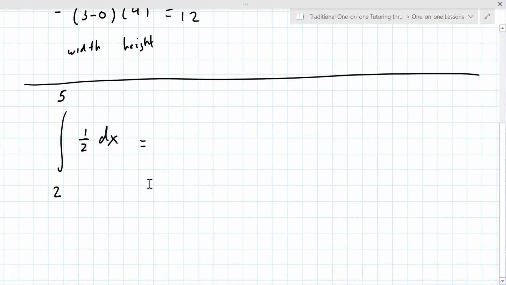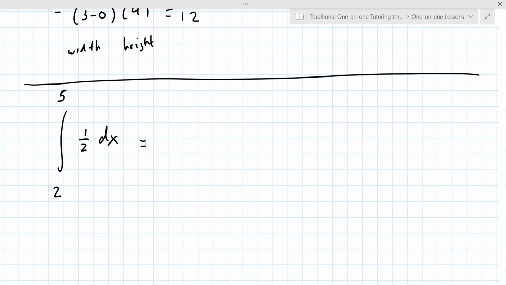Yeah, so you do a box and one half, and then 1, 2, 3, 3 times 1/2.